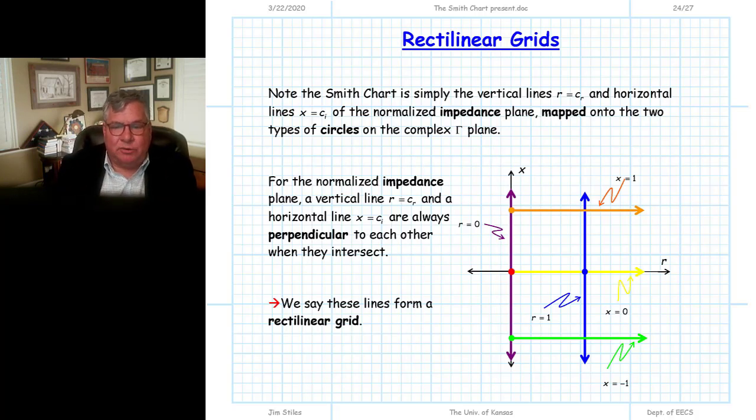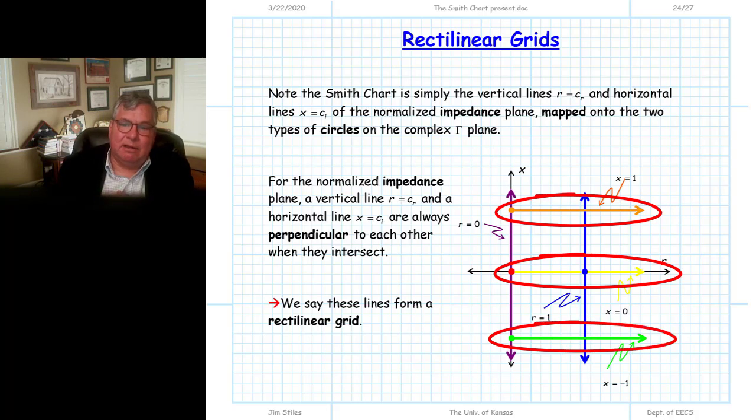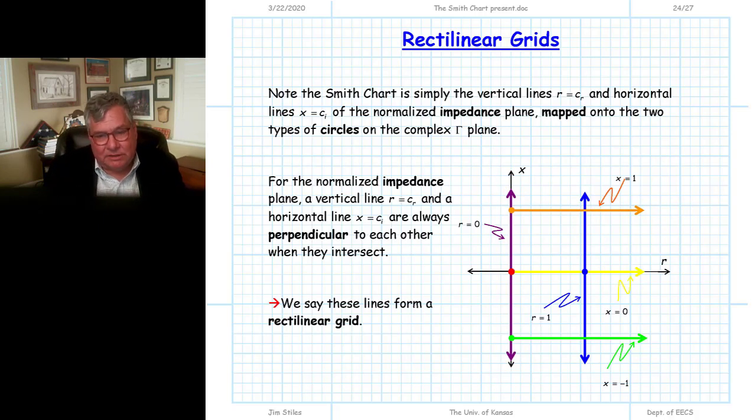So again, if we go back to the normalized impedance plane, real and imaginary, what we're going to go through is take these horizontal contours, which are associated with impedances of constant reactance, x equal to 1, x equal to 0, x equal to -1. And likewise, consider the vertical contours where the resistance values are constant, r is equal to 0 or r is equal to 1. Notice the intersection of these points have some of our standard values that we've considered.